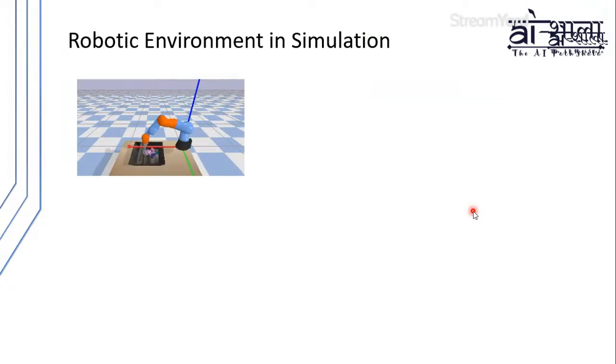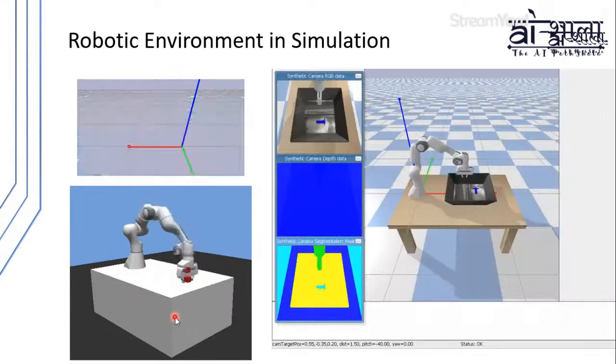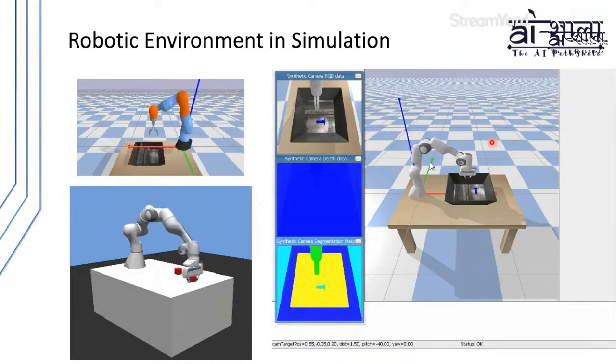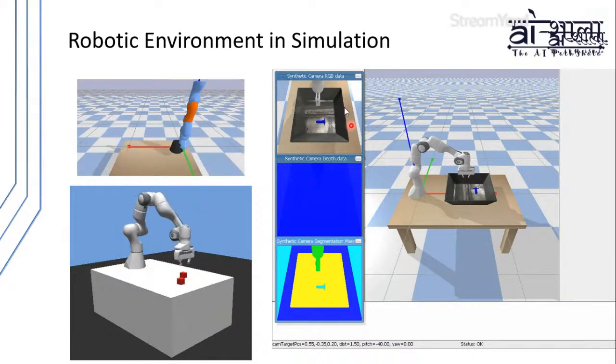Another example is a robotic environment in simulation, which I have shown you earlier as well: picking objects using the robotic arm and placing them somewhere else, a table clearing kind of objective. This is how it works in simulation. Basically, a camera is installed near the gripper, and you can see the top view. This is what the robot is actually seeing, and you have to train it how to pick this particular object.